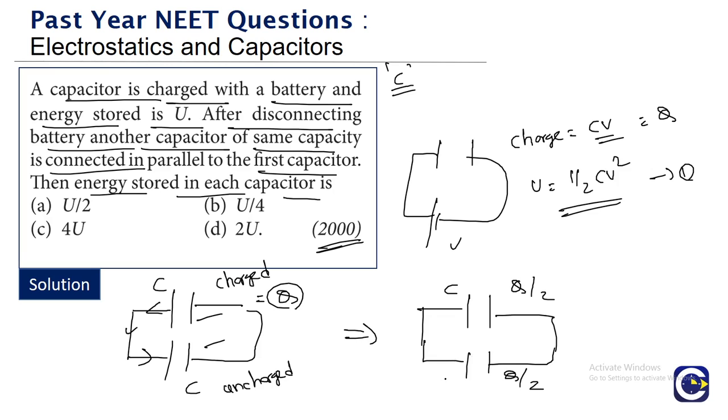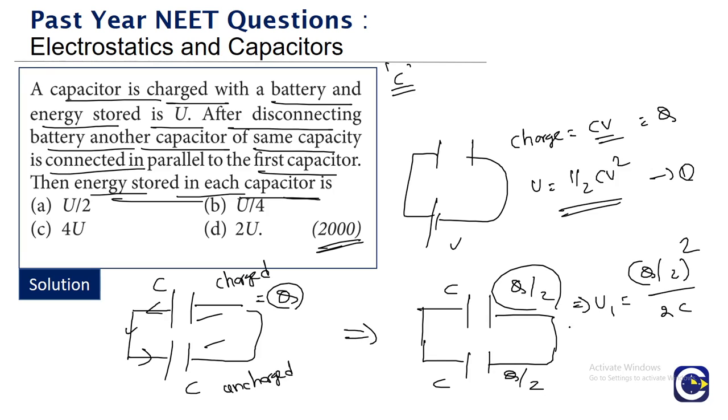Now capacitance is C. So here, they're asking what is the energy stored in each capacitor. Energy will be what? Let us say this is U1. What is the formula we can use?